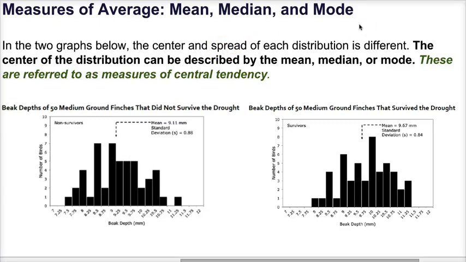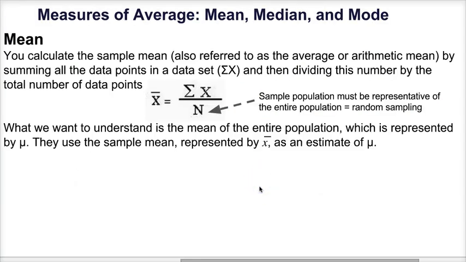So in these two graphs, we can see that there is a central tendency, but these words, the mean, median, mode, are types of descriptive statistics that help us understand these central tendencies. Okay, now the mean. Very simply, the mean is an average. The average of the sample, this little X with a line over the top, really means the average of the sample.